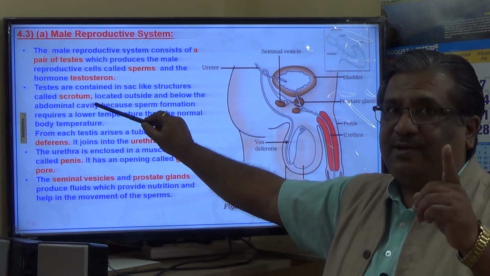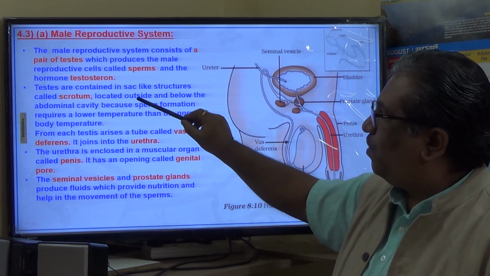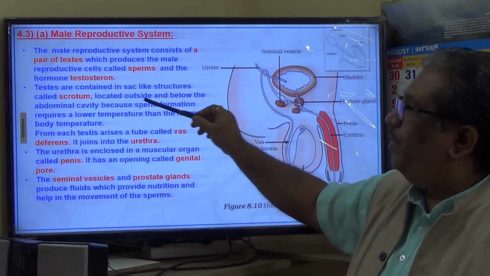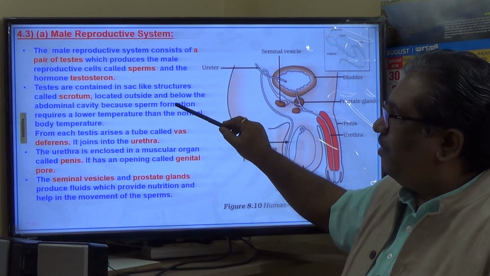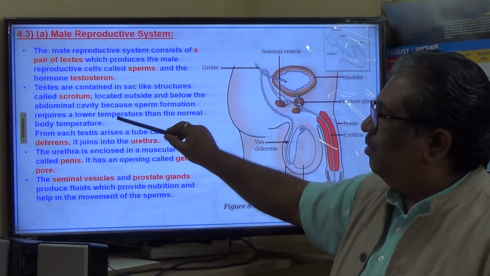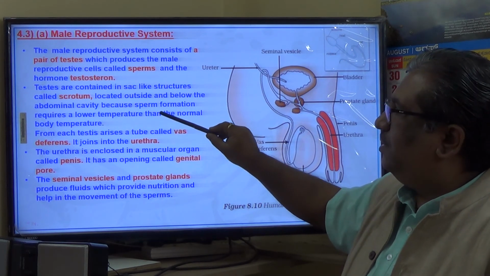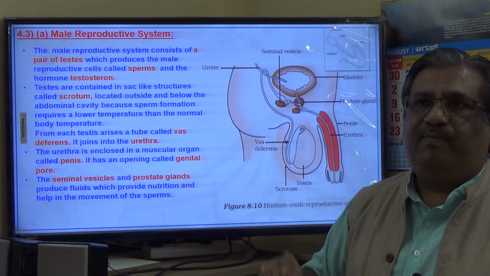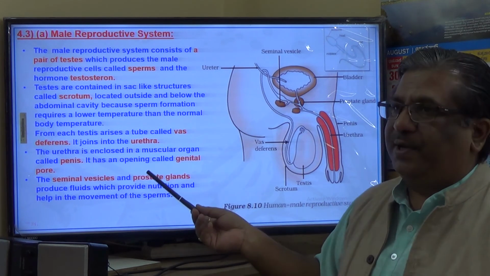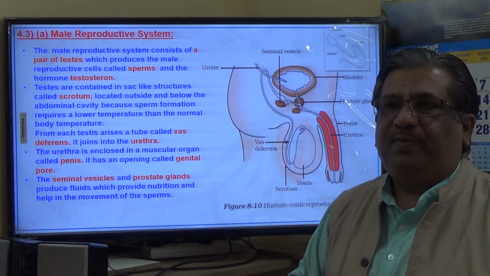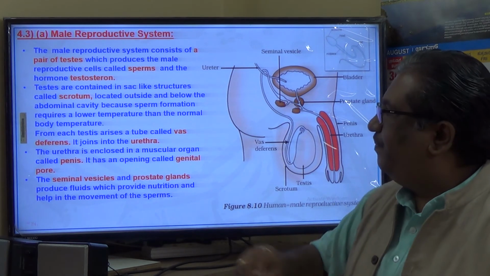Next is location. Scrotum is located outside and below the abdominal cavity because sperm formation requires a lower temperature than the normal body temperature. Below the abdomen, the temperature is slightly lower than the body temperature, and that favors the production of sperms.